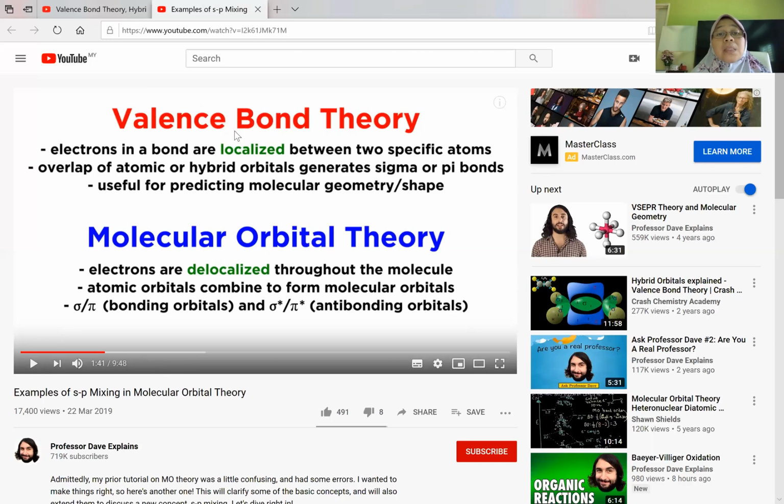And VBT explains the overlapping of atomic orbitals, which form new hybrid orbitals, whereas molecular orbital theory views the compound, or the arrangement of electrons, in the form of molecular orbitals right away. Okay.